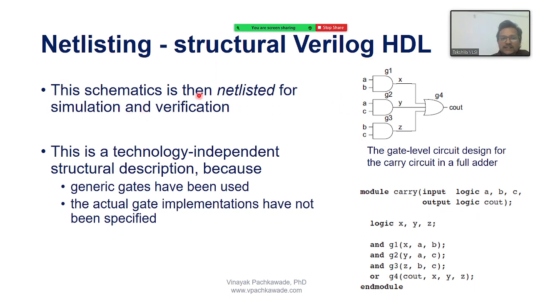For example, this schematic, the logic level is netlisted, or if it is a transistor level, it will be netlisted. For what? For two purposes: for the purpose of simulation and for the purpose of verification. So basically, the RTL compiler, usually it is called, will be used to simulate that.